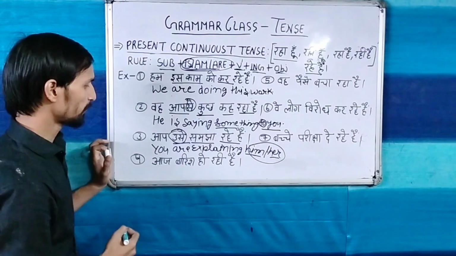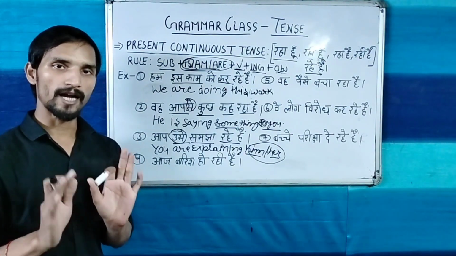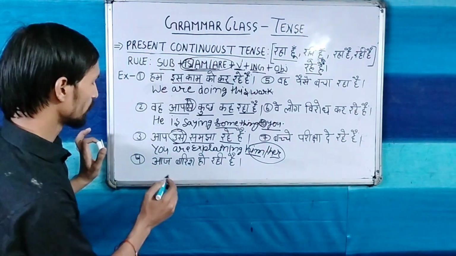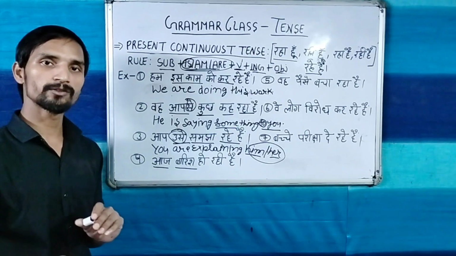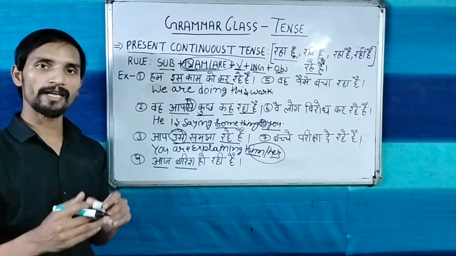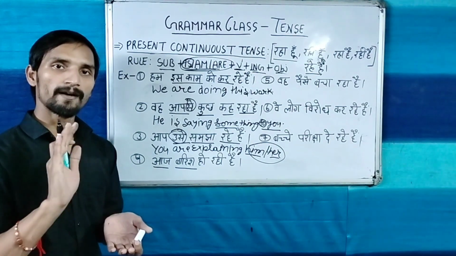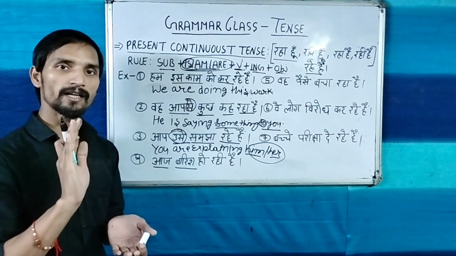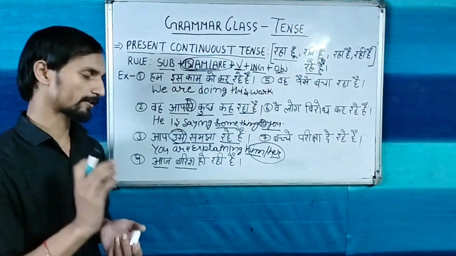Now let's see the fourth sentence. The fourth sentence is आज बारिश हो रही है. So in this sentence subject has not been given. When subject has not been given and we talk about any weather, any climate, so we use for weather, it word. It is called introductory, which is used as a subject.